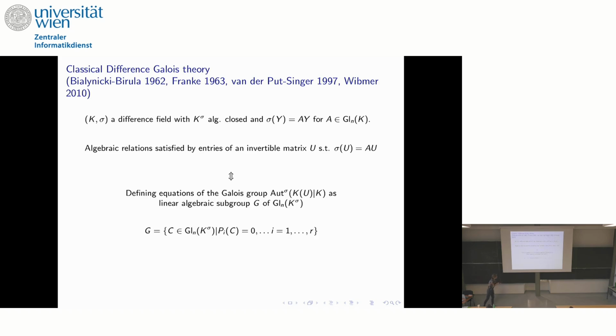It will code the algebraic relations satisfied by the entries of an invertible matrix U, solution of your system, as defining equations of a certain Galois group, which is, I'm cheating a little bit, the automorphisms of the field extension generated by the coefficients of U that commute with sigma and that leave K invariant. Okay? And you can represent this abstract group as a linear algebraic subgroup G of GL_n of k sigma. So I just showed you briefly how it works.